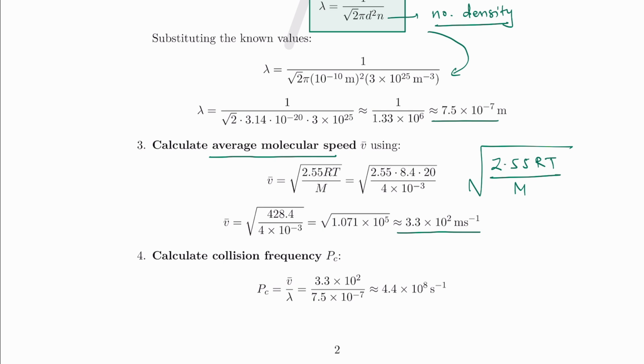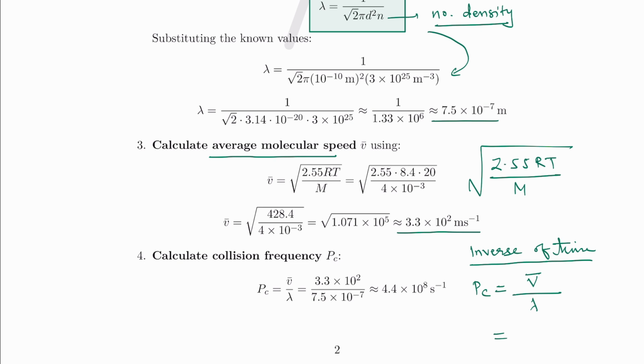And now you know that frequency is inverse of time, and in that way collision frequency will be the average molecular speed, or mean molecular speed, whatever you want to call it, divided by the mean free path.